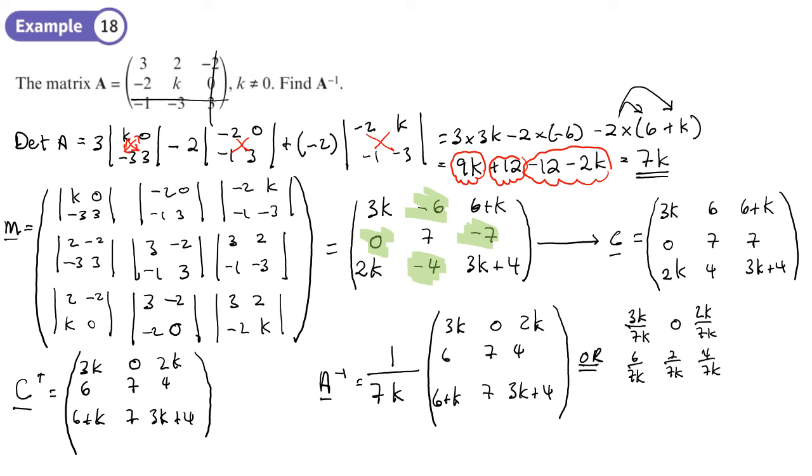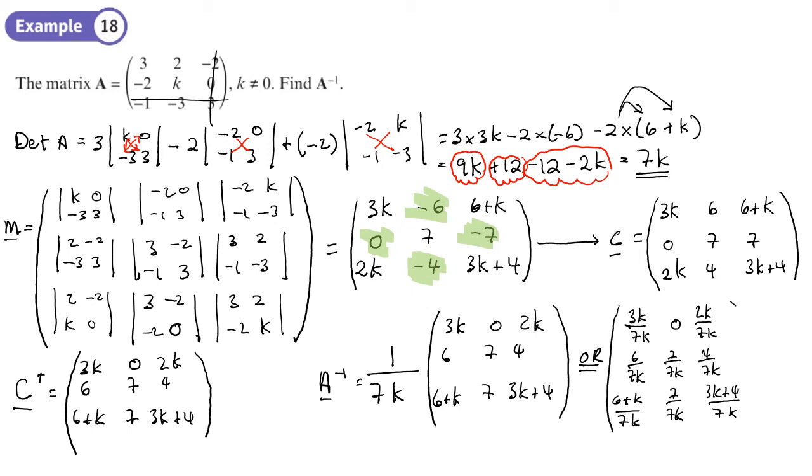So you just write every element over 7k. 7 over 7k, and then 3k plus 4 over 7k. So this is an option to write it like this.